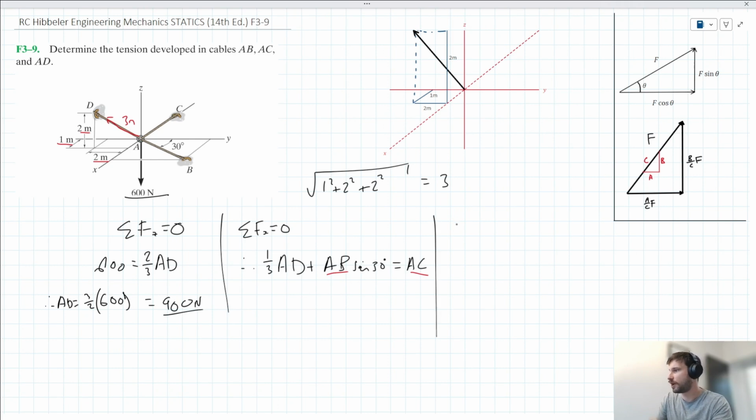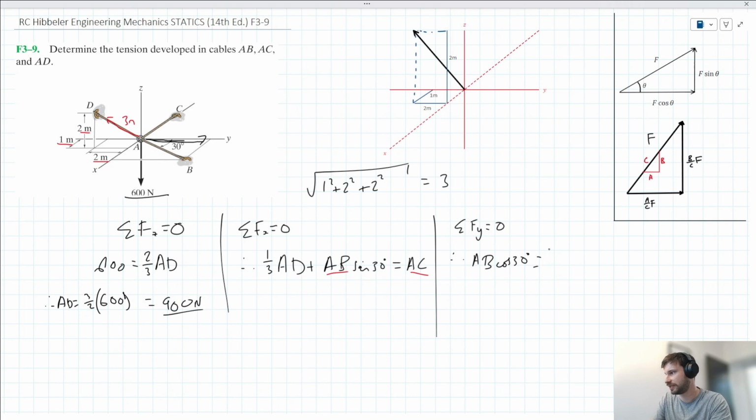Let's resolve in the Y then. The sum of the forces in the Y is equal to 0. The forces acting to the right are equal to the forces acting to the left. Things acting to the right: we have the Y component of AB, which we can describe as AB cos 30. Things acting to the left: we've got the Y component of AD, which we can describe as 2/3 of AD, and we know AD is 900.